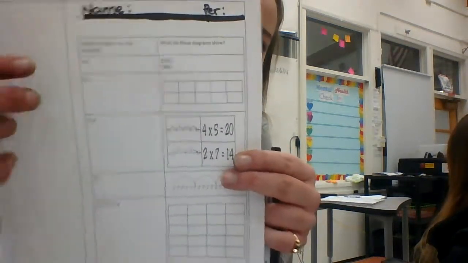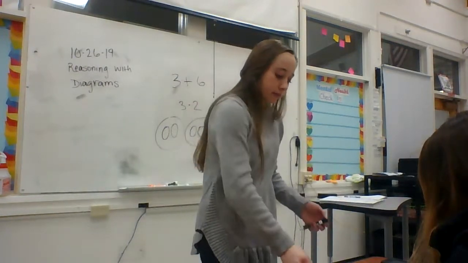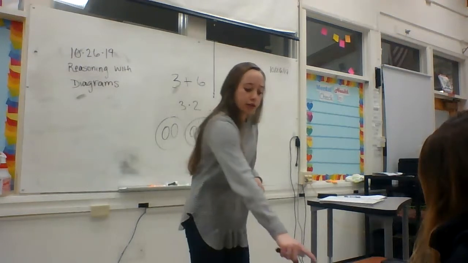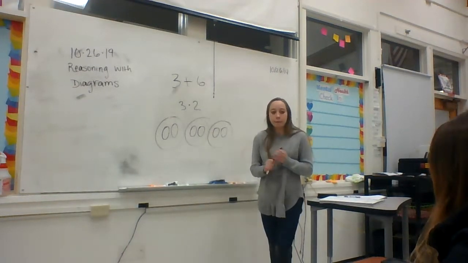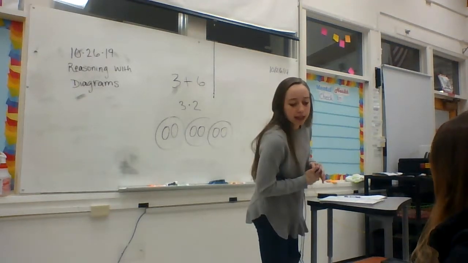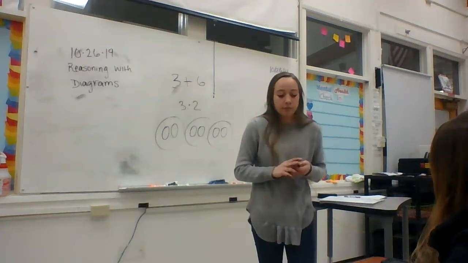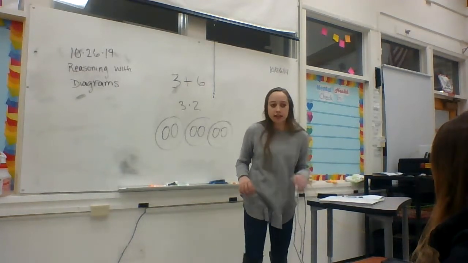So like on the first option, we have 3 circles on the top and 3 circles on the bottom. How many circles do we have all together? 6, so it's probably going to be what operation? Multiplication. 3 times 3 is 9, so it wouldn't be multiplication. Adding. Yeah, addition. All right, so you guys can go ahead and get started on that.